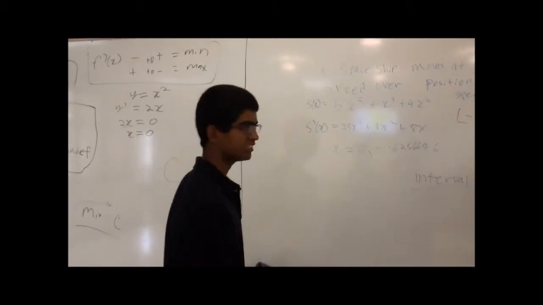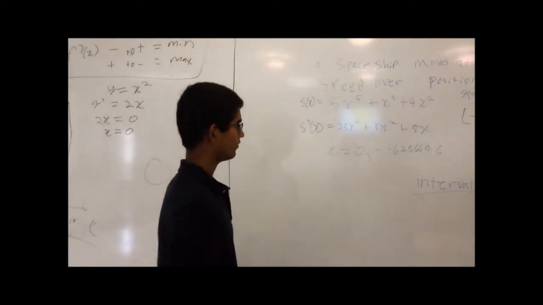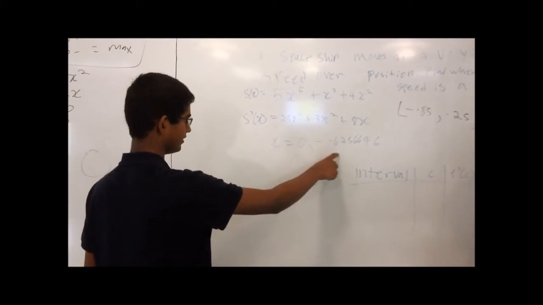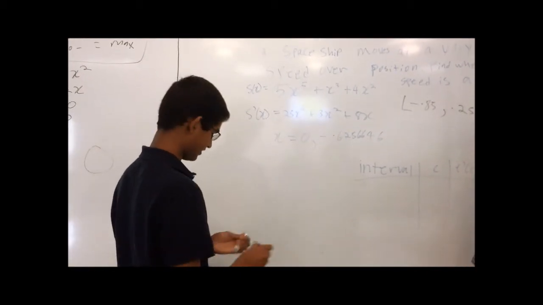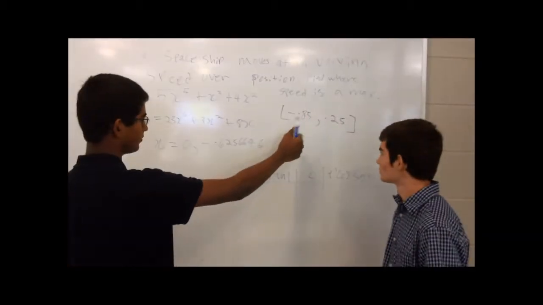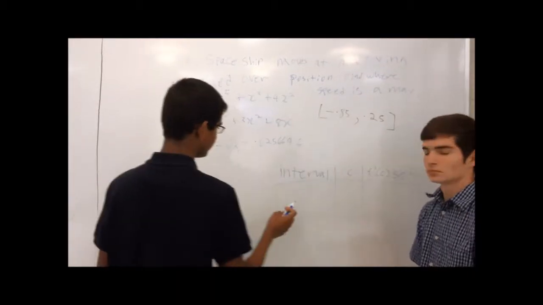Okay, so the first step is to find the derivative just like always. And then you find the zeros, and we already did that ahead of time, 0 and this number right here. And you would do the same thing, except instead of going from negative infinity to infinity, since this is bounded, you would use these endpoints right here.